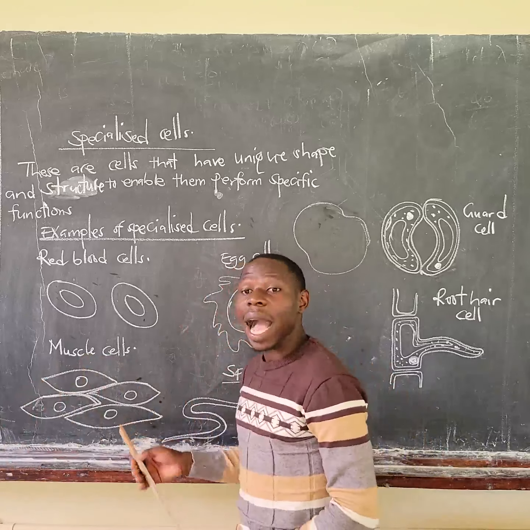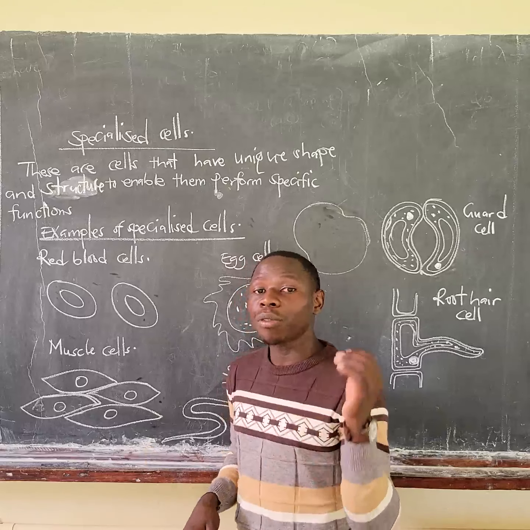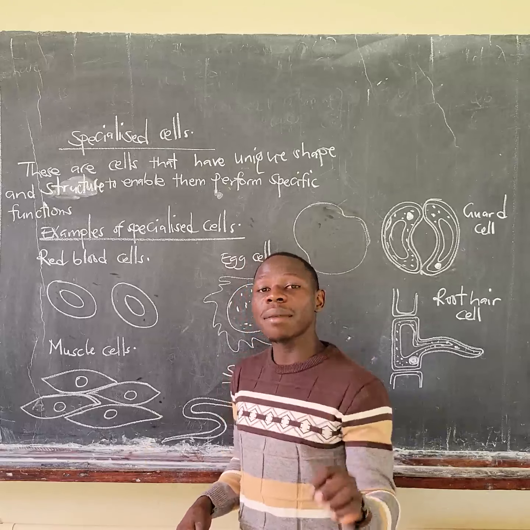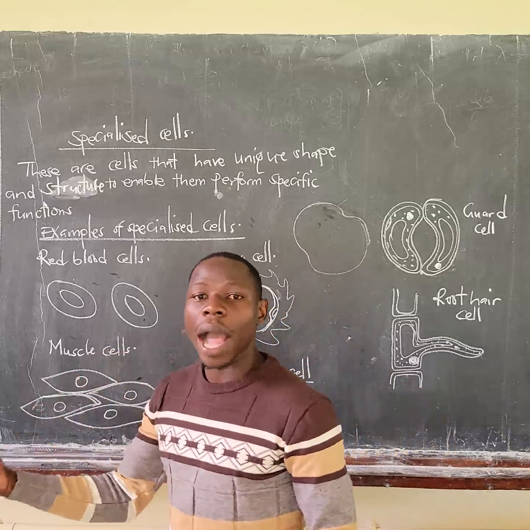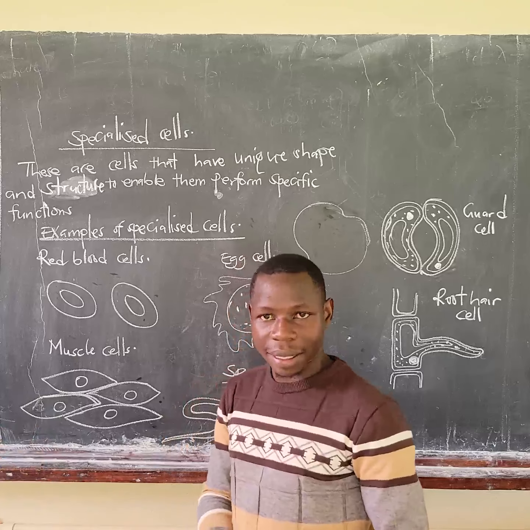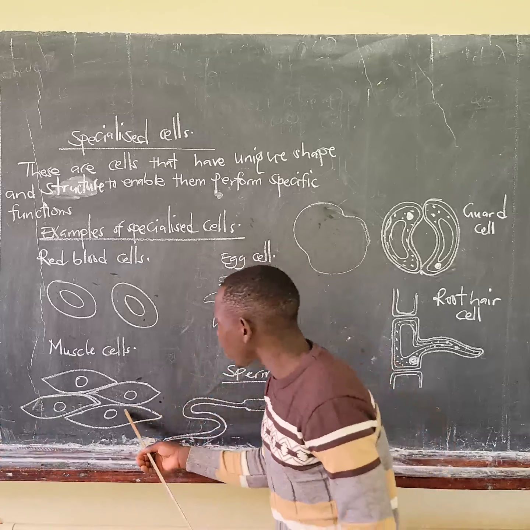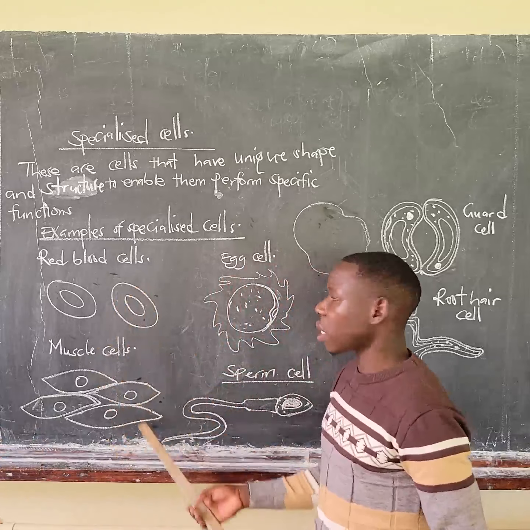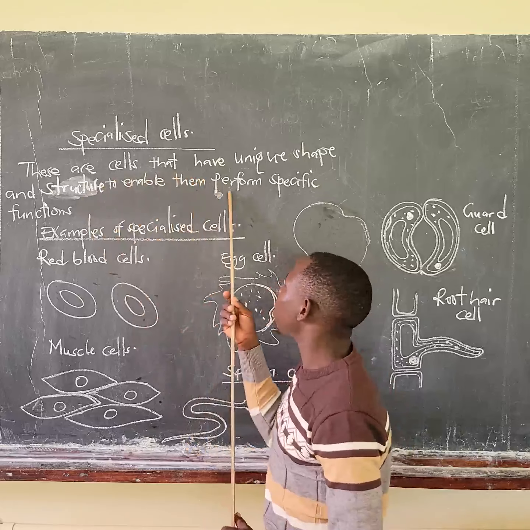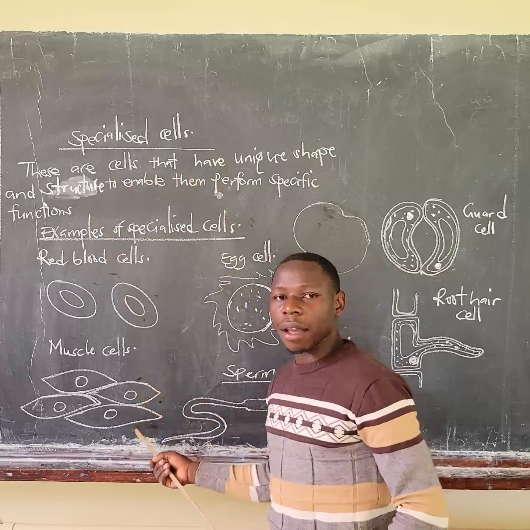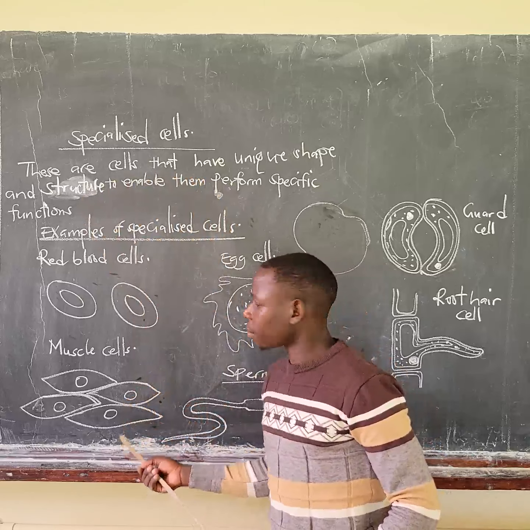These cells have a large amount of mitochondria to supply them with energy to enable us to move, talk, and hold things. So that is a modification for muscle cells. They have a unique shape and structure enabling them to perform their function effectively.